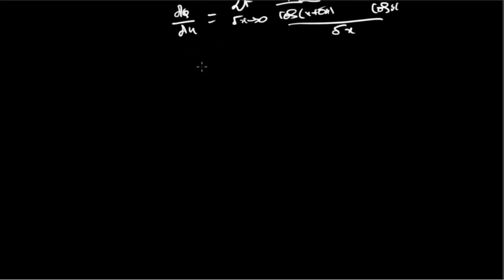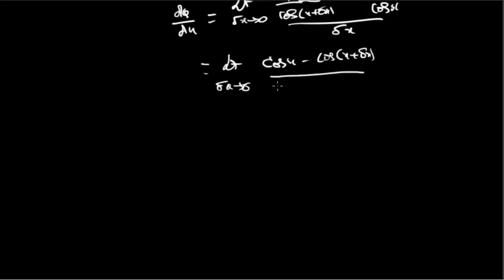Now take LCM. Limit delta x tending to 0, cos x minus cos of x plus delta x, by that LCM we write here along with delta x, cos of x plus delta x into cos x. Now the numerator, you can see it comes into a formula in trigonometry, cos c minus cos d is minus 2 sin of c plus d by 2 into sin of d minus c by 2, or with plus sign, 2 sin of c plus d by 2.